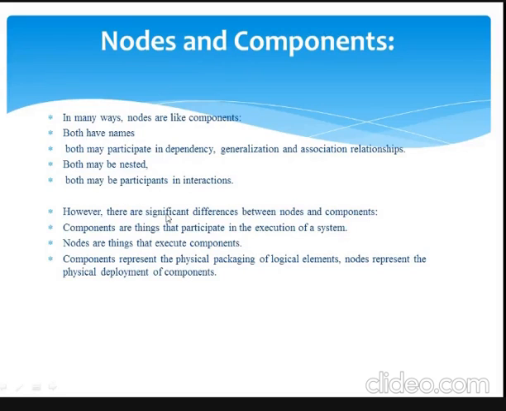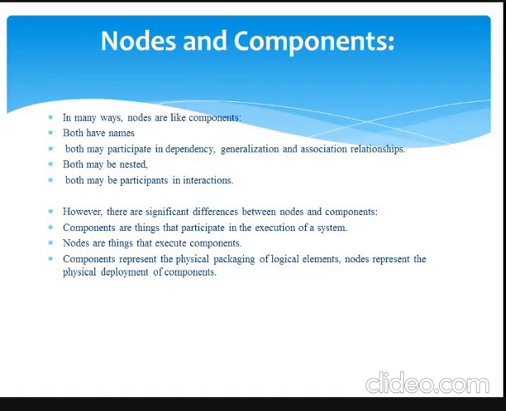Components are the things that execute a system, which means components are nothing but the software components, which are source files. Source files are the things that execute the system, whereas nodes execute these source files. That's why nodes are the things that execute components.